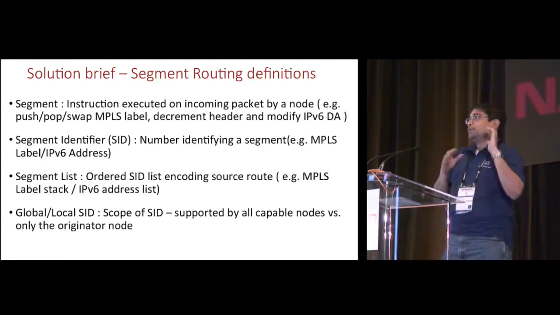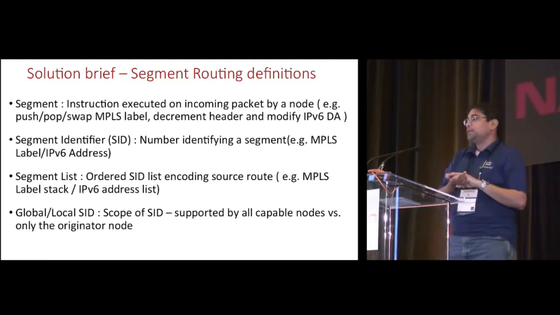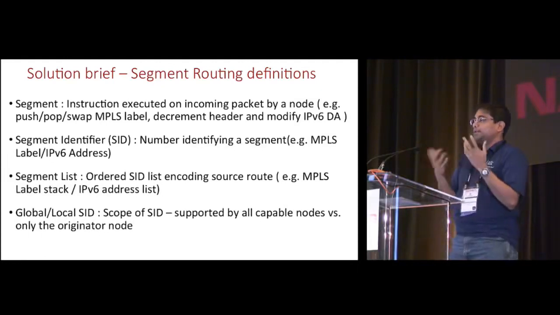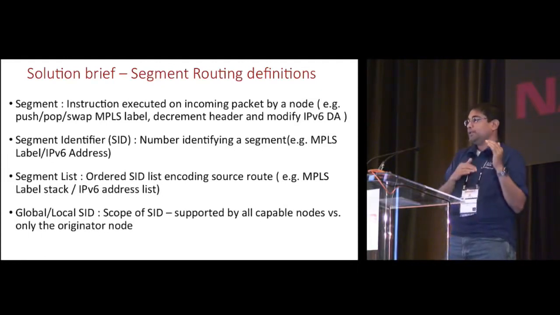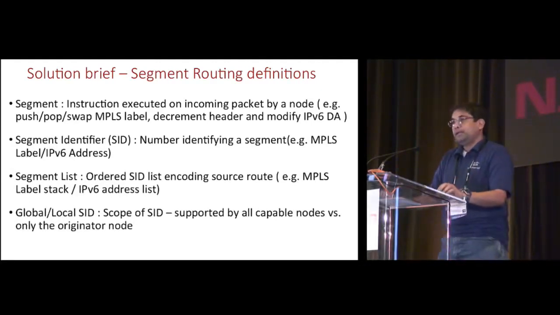Segment list, of course. Since we are talking about source routing here, it sends a stacked list of segments. In the case of the MPLS data plane, it will be a stack of MPLS labels, or in IPv6, an IPv6 address list. That's called a segment list, which is available at the source, and it sends the traffic with that list. And the segments can be global or locally relevant.